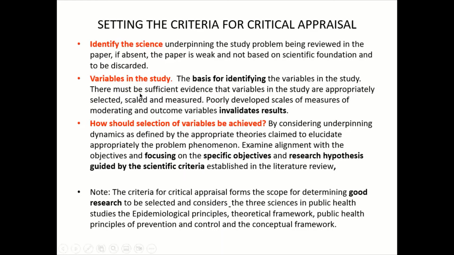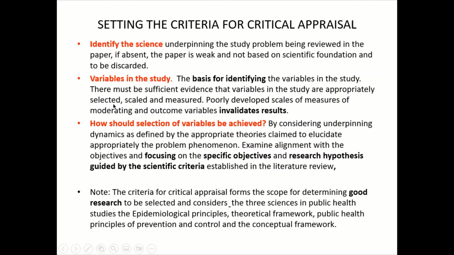Now, there must be sufficient evidence that variables in the study are appropriately selected. You don't just put in, after defining your objective, and then you start to pick variables at random.